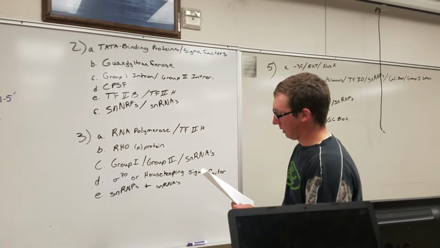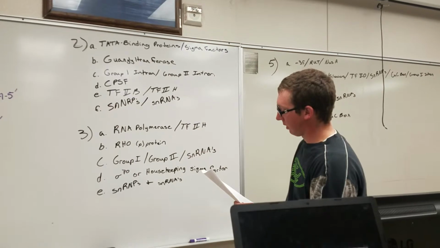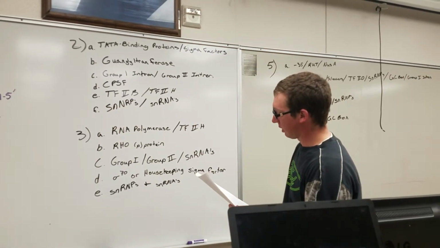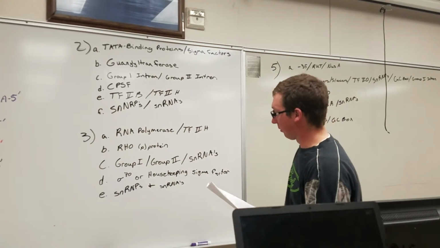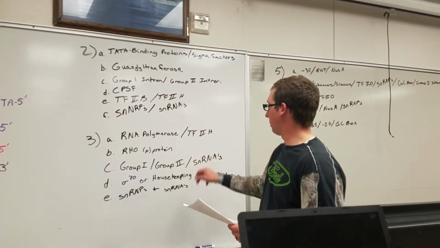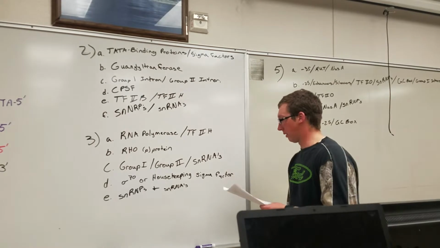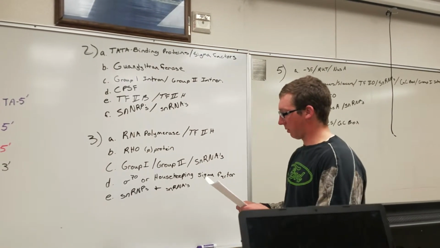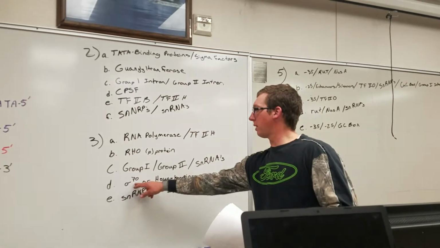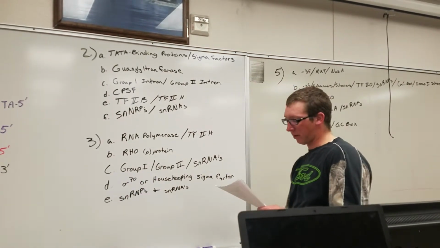For C, it said indicate 3 molecules in eukaryotes that function during RNA modification. We got group 1, group 2, and SNRNAs. For D, it said indicate 1 protein that acts as a transcription factor. We got our sigma 70, or our housekeeping sigma factor.